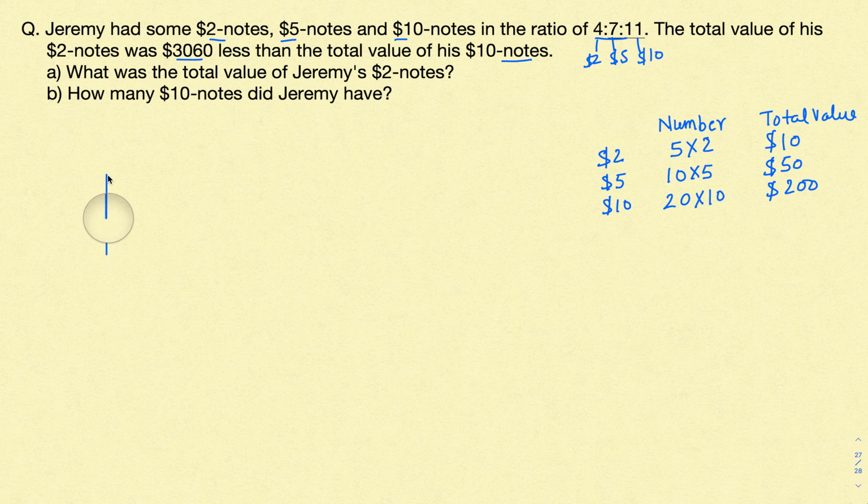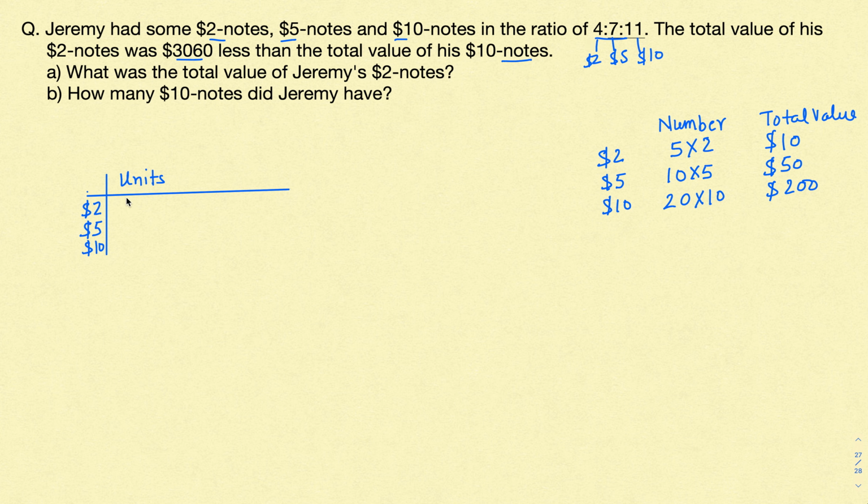So I can do it like this. This is Jeremy's $2, $5 and $10 notes. And how many units of each of them does he have? It's 4, 7 and 11.